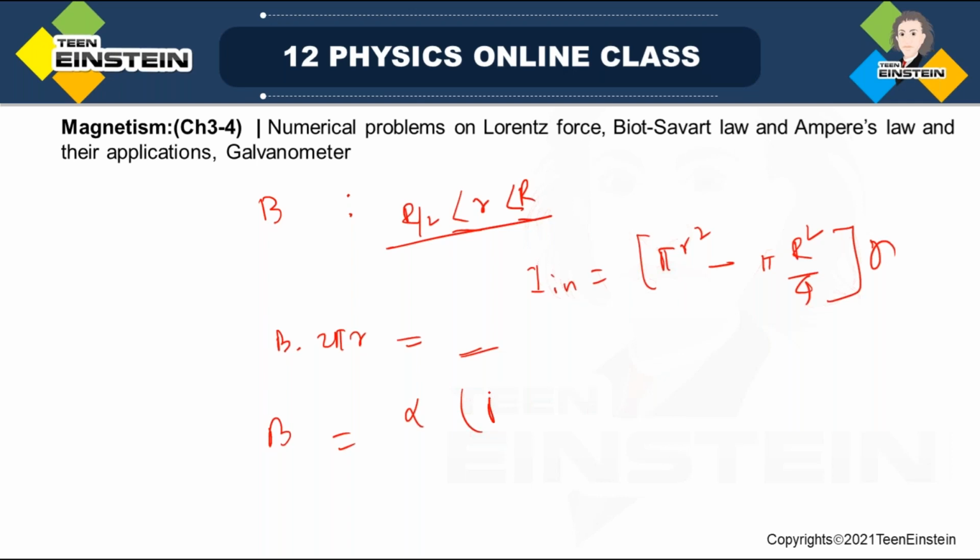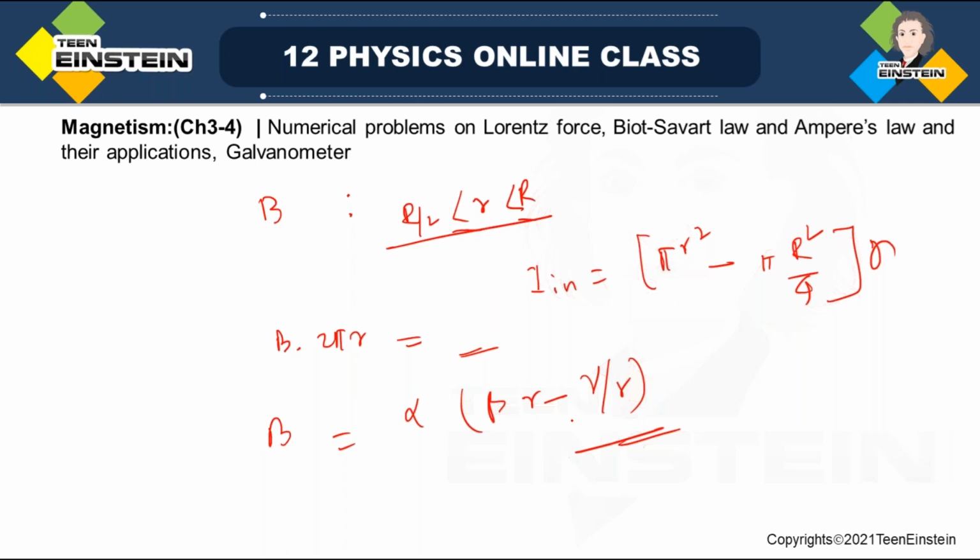the magnetic field in this region will be, suppose, alpha times r minus gamma by r. So this will be the magnetic field.